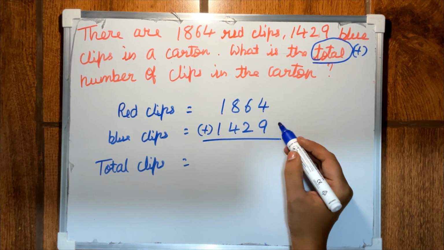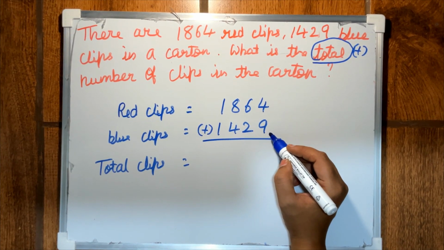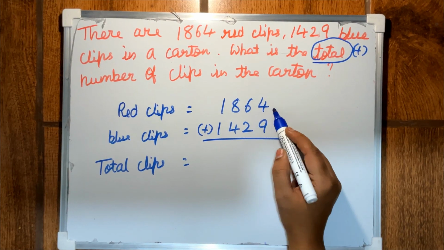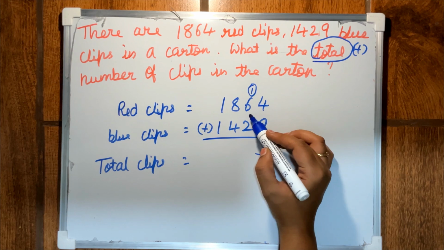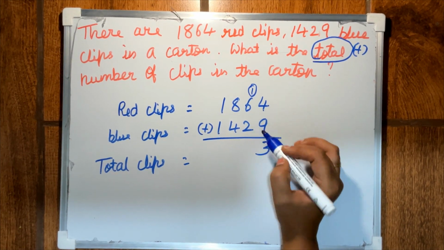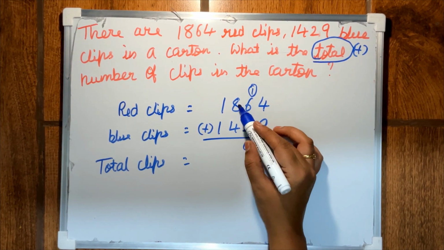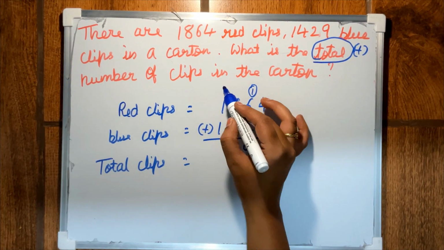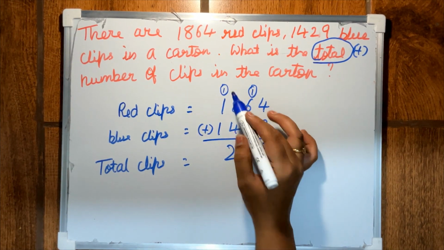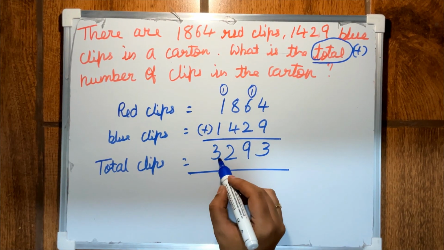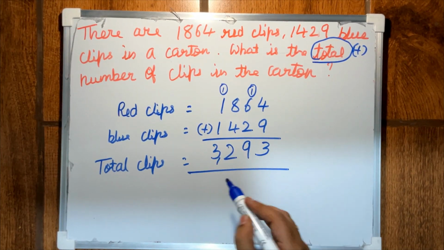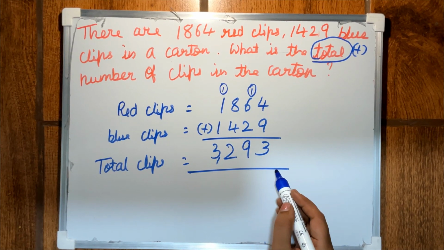So, 4 plus 9 is equal to 13. 1 plus 6, 7. 7 plus 2, 9. 8 plus 4, 12. 1 plus 1, 2. 2 plus 1, 3. So what is the total clips in the carton? 3293.